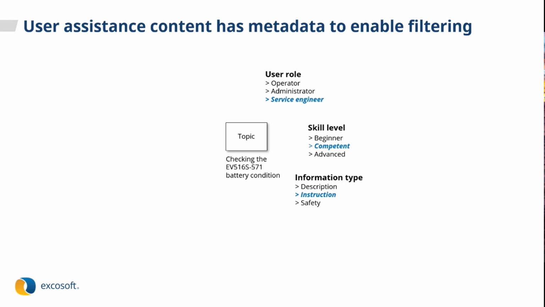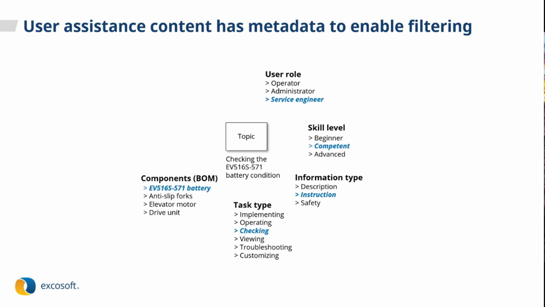So the text in blue here, that's the metadata that is associated with this topic. What task type is it? What type of component does it relate to? You can use the product's bill of material to create a product structure. What product is it valid for? And what version or model year of that product? So an example of 7 kinds of basic taxonomies we can use.